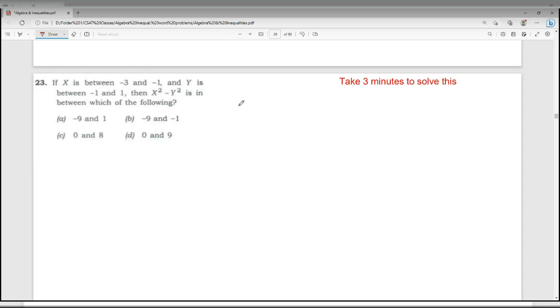They're saying that if x is between -3 and -1 and y is between -1 and 1, then x square minus y square is in between which of the following? So we're actually asking you to calculate the range of x square minus y square. x is between -3 and -1, and y is between -1 and 1.